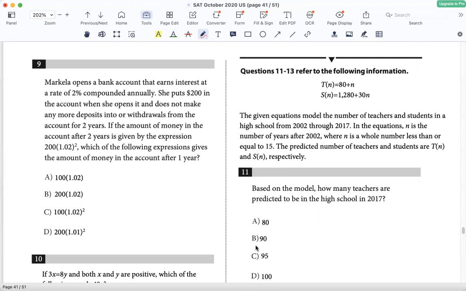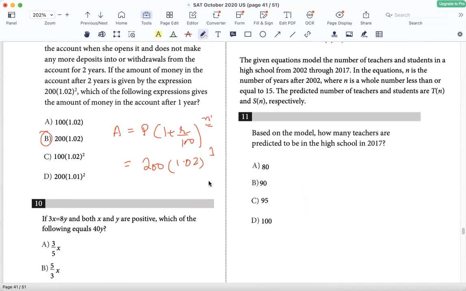So that will be 200 into 1.02, right? Because the formula is P times 1 plus R over 100 to the power n. So that's 200 into 1.02 to the power 1, because the time period is 1 year.